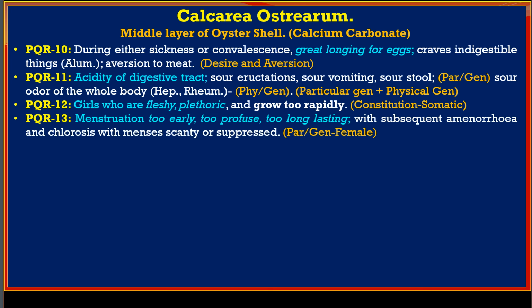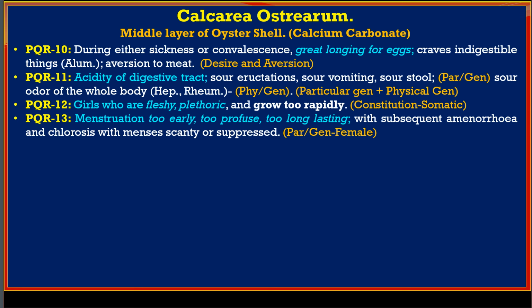In PQR 13, menstruation too early, too profuse, too long-lasting, with subsequent amenorrhea and chlorosis, with menses scanty or suppressed. So this young girl who is growing very fast starts menstruating but subsequently develops amenorrhea because she develops chlorosis.